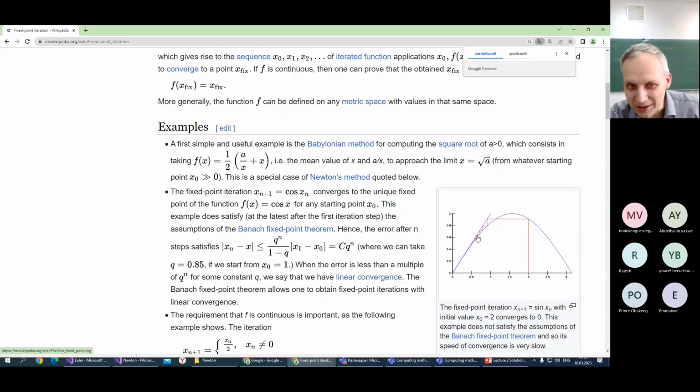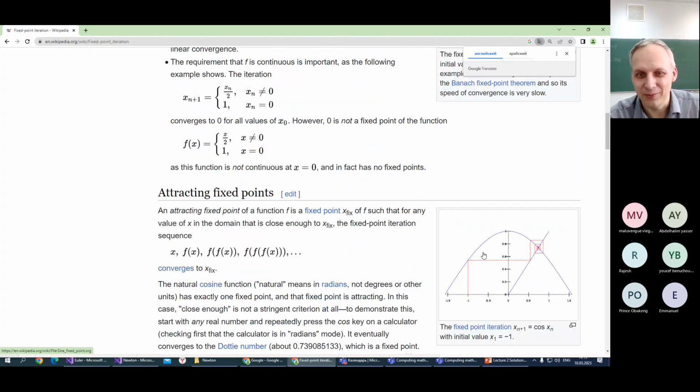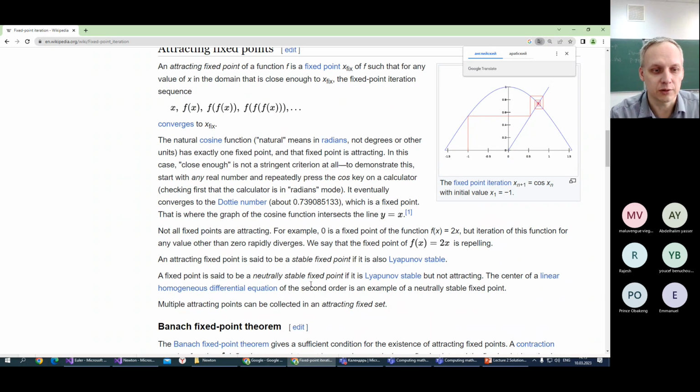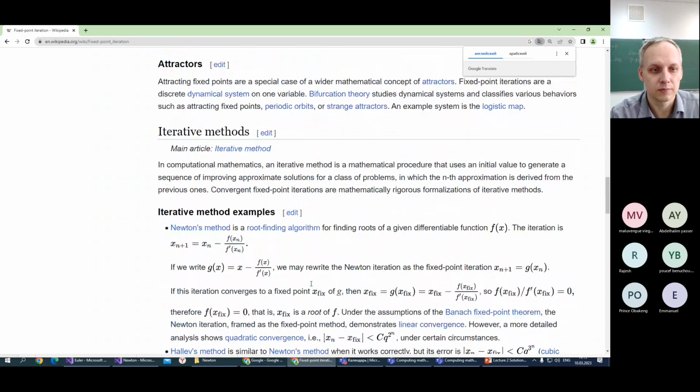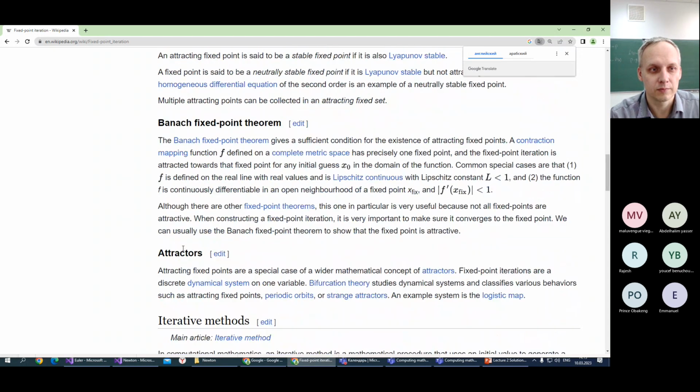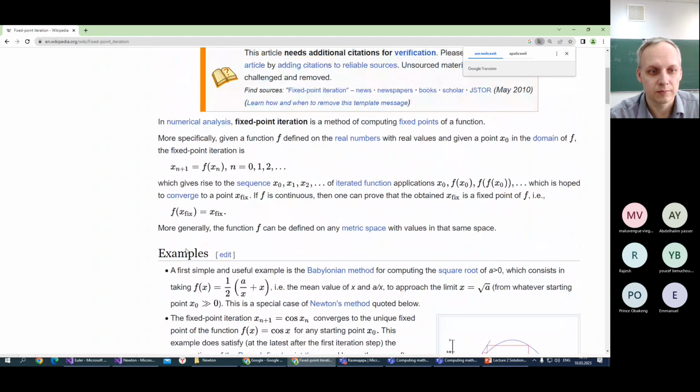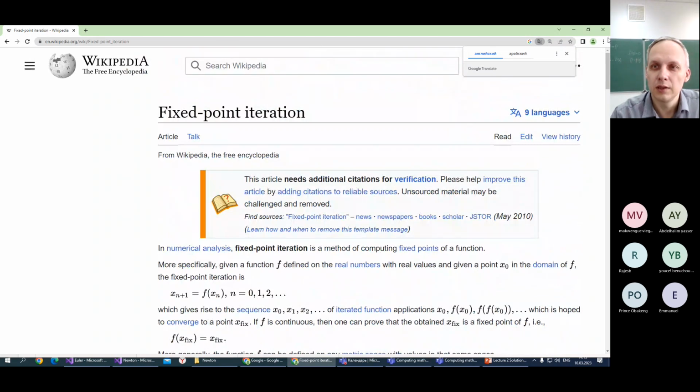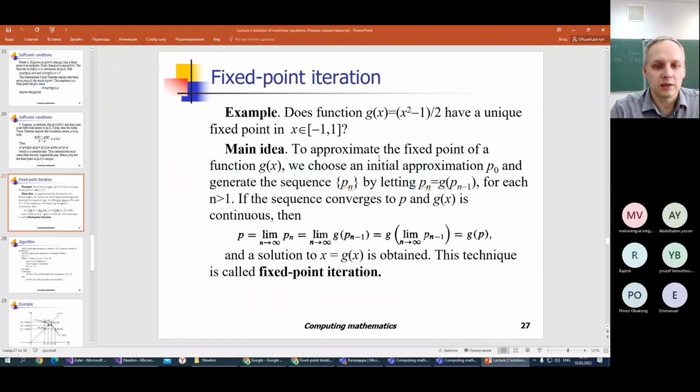Please look at this picture. This picture is more or less what I show you in my presentation. And this spiral also is more or less the same as in my presentation. You can find a lot of material about the fixed point method. Please do it, compute these 2 points.